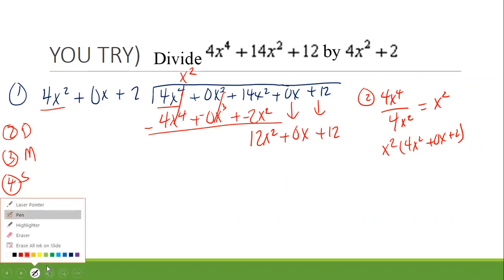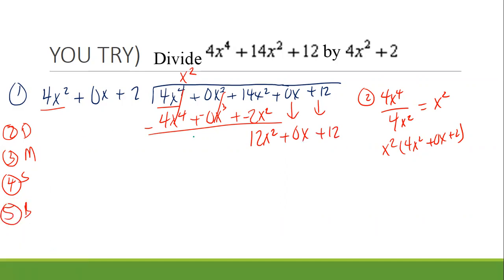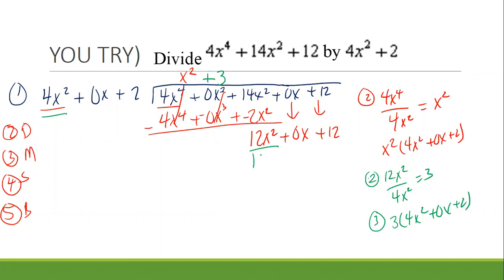I'm going to repeat. 12x squared divided by 4x squared equals 3, so plus 3. Then I multiply: 3 times 4x squared plus 0x plus 2 gives me 12x squared plus 0x plus 6.